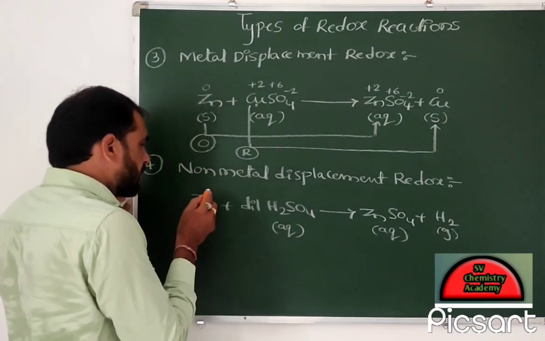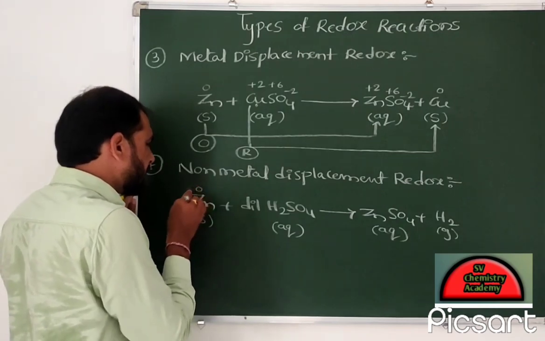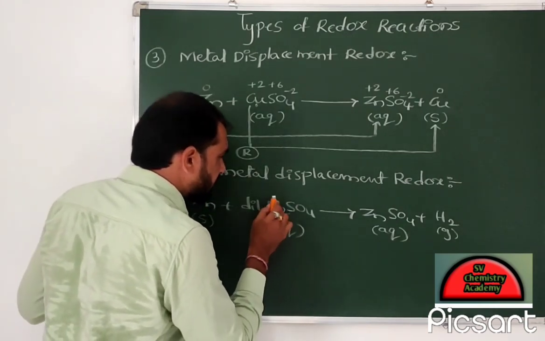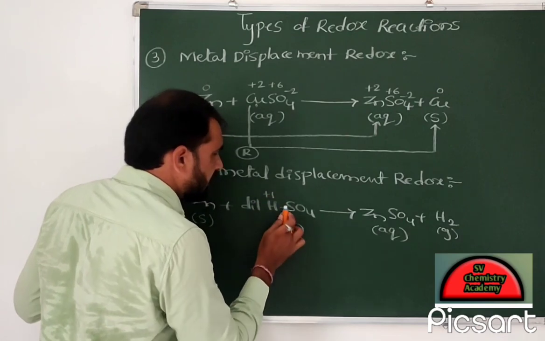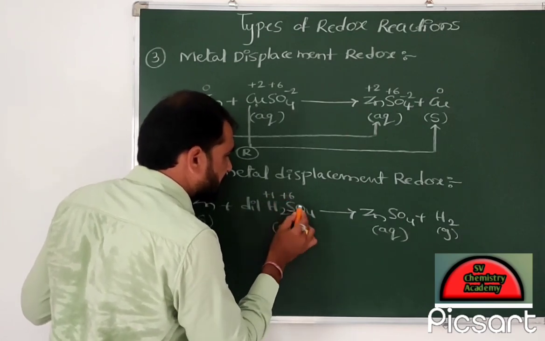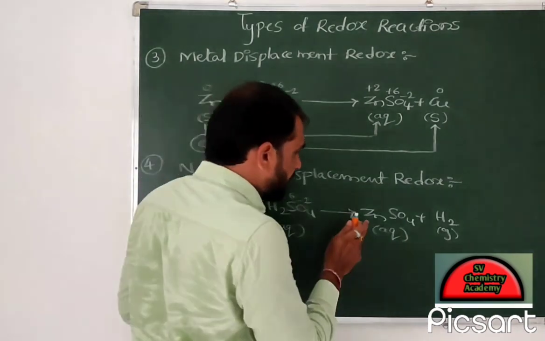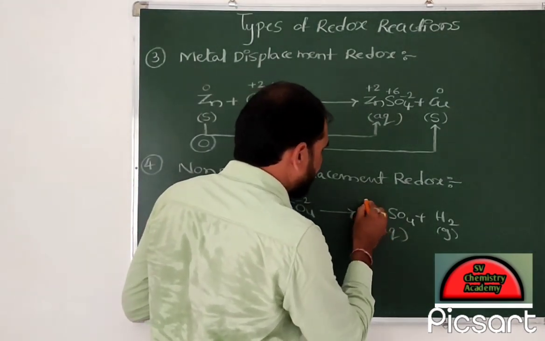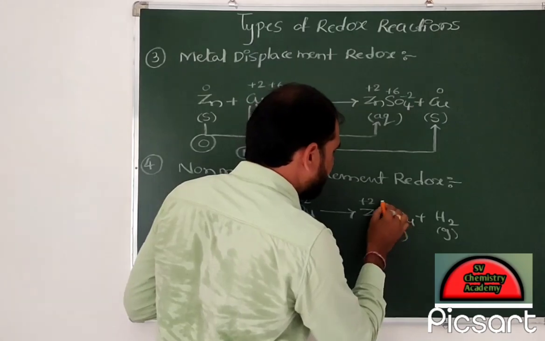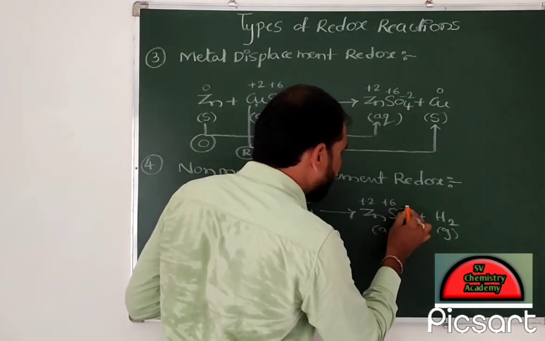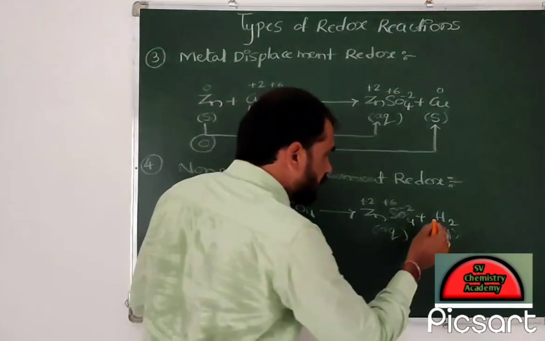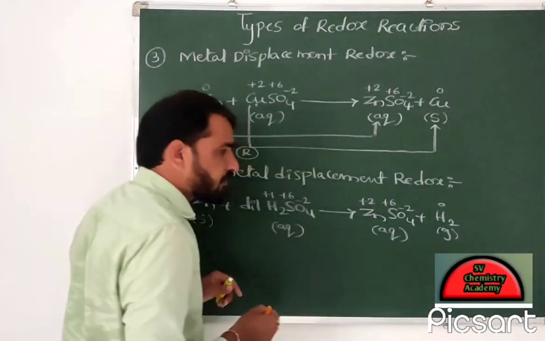After that, zinc on the left side has oxidation state 0, hydrogen in H2SO4 has +1, sulfur +6, oxygen -2. Right? Then zinc in zinc sulfate is +2, sulfur +6, oxygen -2. What about hydrogen? 0.